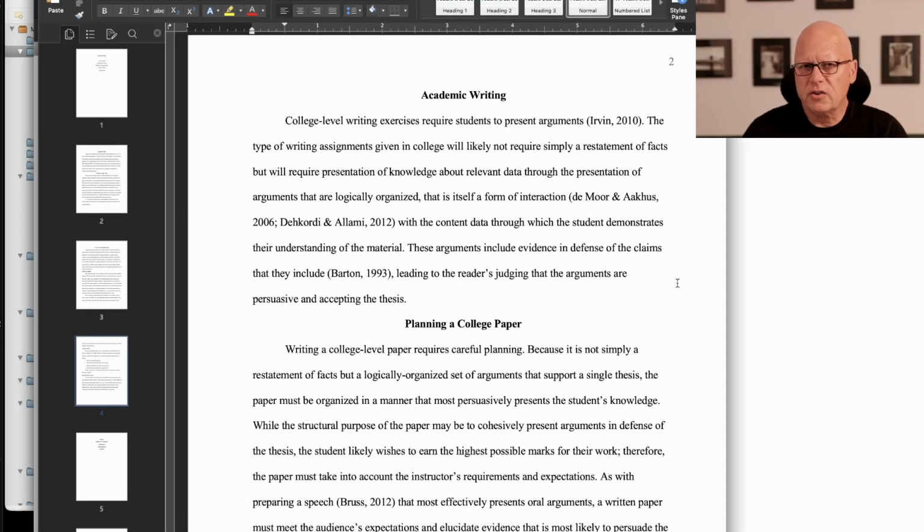Academic writing is also distinguished from other types of writing, such as for a newspaper or a magazine, by the use of in-text citations and/or footnotes.